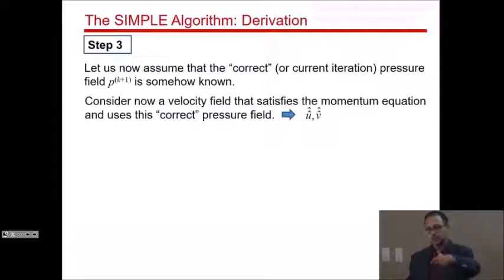That different solution, we are going to call U double hat and V double hat. U hat and V hat only satisfy momentum conservation. U double hat and V double hat satisfy both mass and momentum conservation. That's the idea that Patankar proposed.